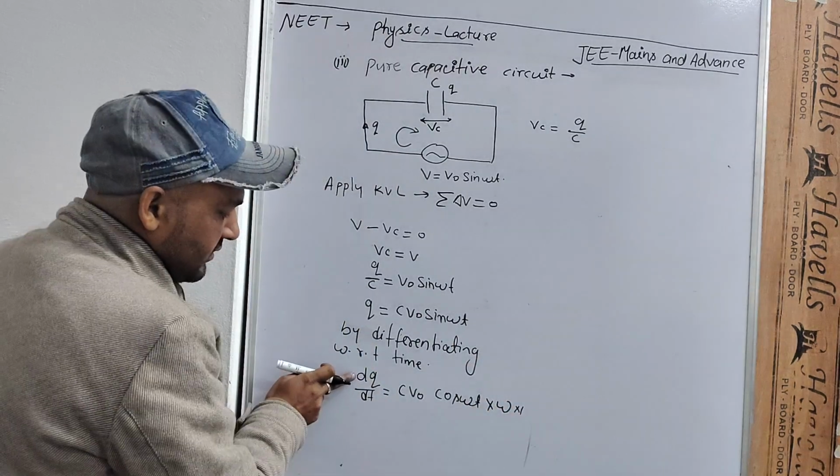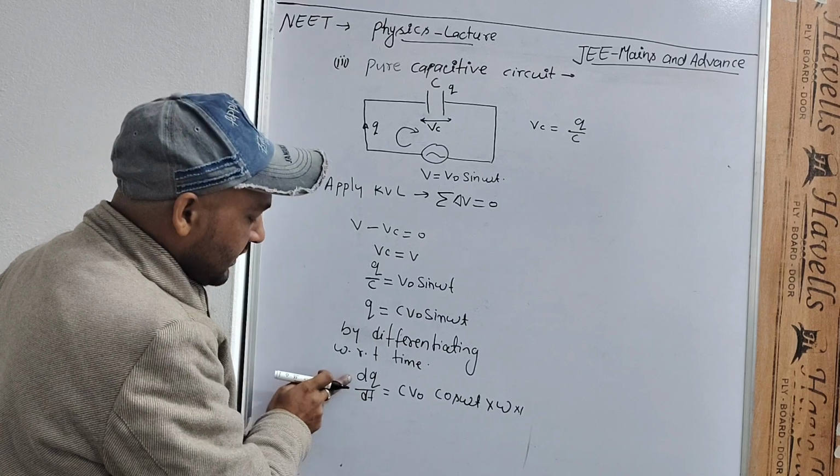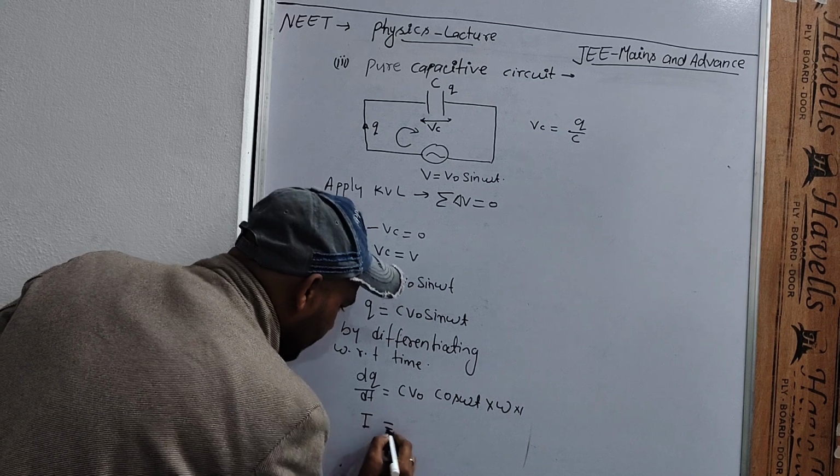Now, as we know, this is the rate of flow of charge, and the rate of flow of charge is defined as instantaneous current.